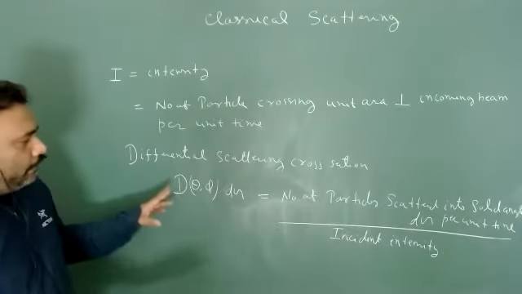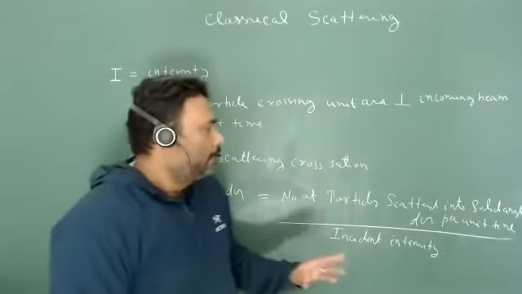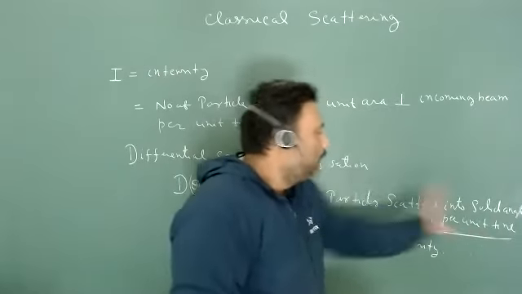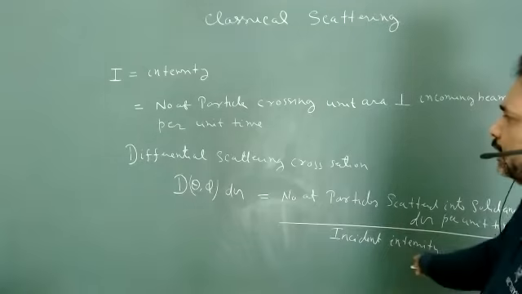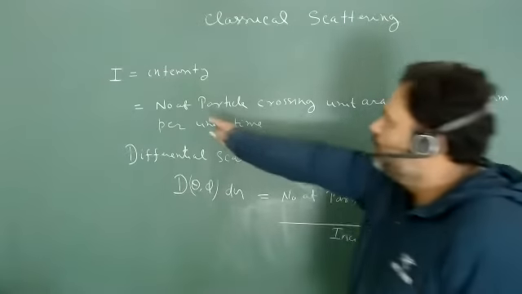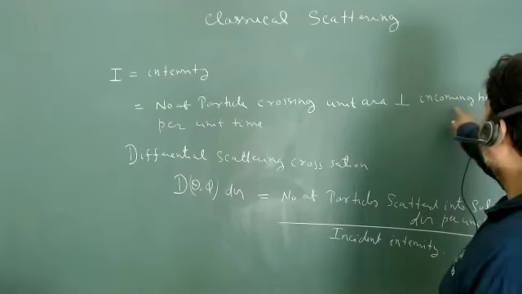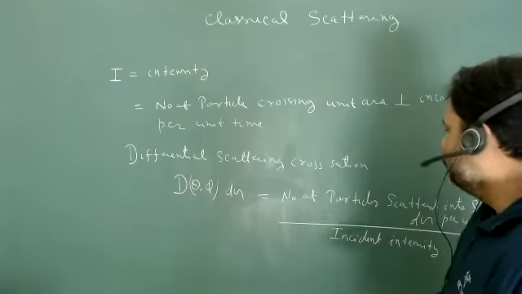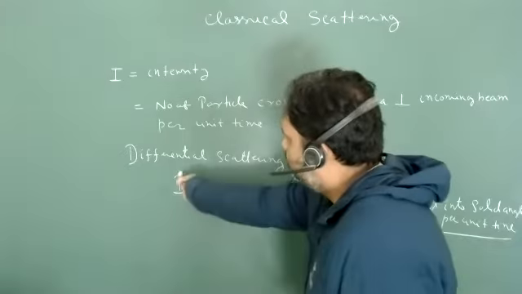Now, this is the number of particles scattered into the solid angle d omega per unit time, and this is the incident intensity. And what is incident intensity? The number of particles crossing per unit area perpendicular to the incoming beam per unit time. So can you please tell me what will be the dimension of this one?